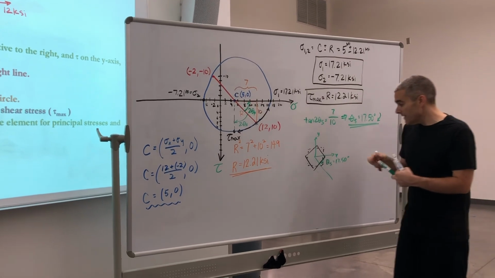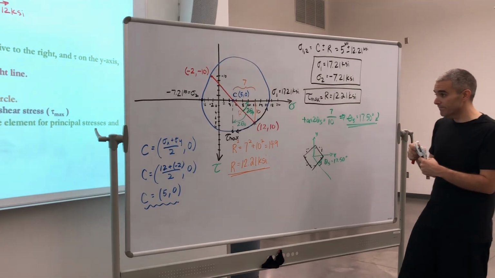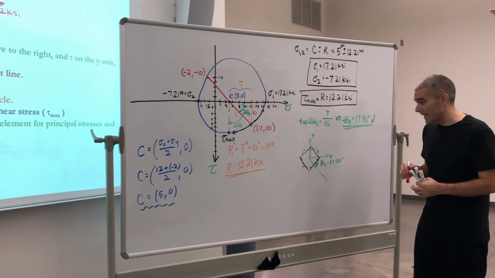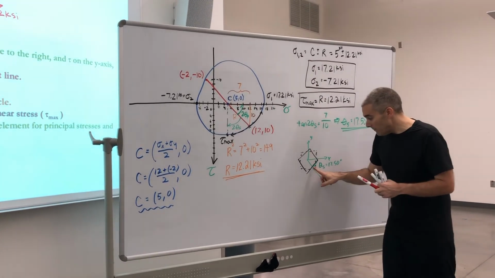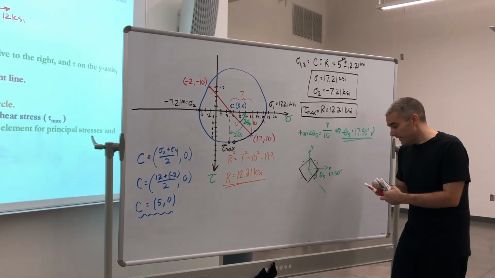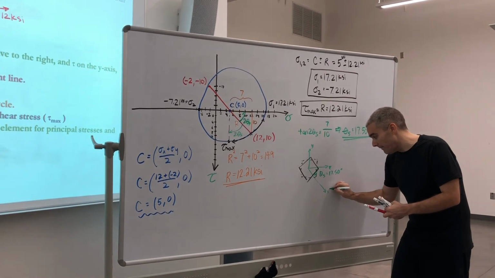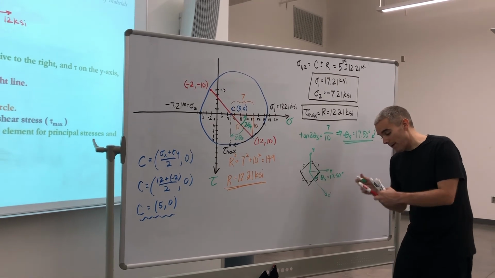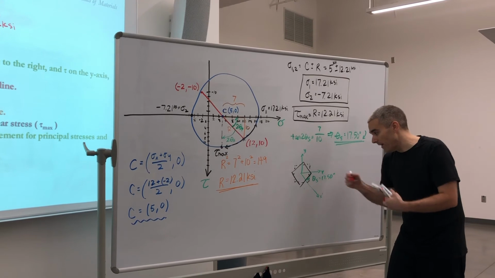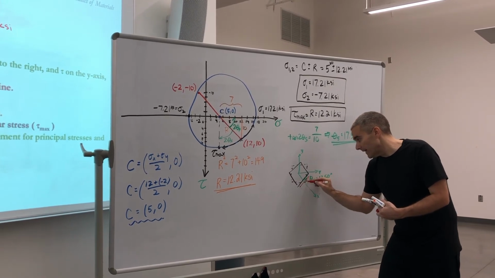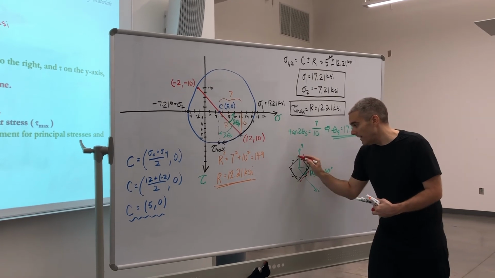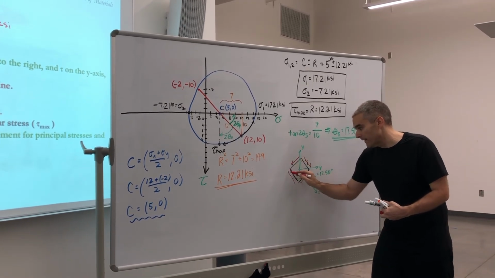And this block has the maximum shear stress on it. Maximum shear stress has a value of 12.21 KSI. And that would be positive on this face, which is going to be positive X. You can almost think of this as X prime, and our Y prime would be that way. So because this is a positive number, positive X prime, Y prime should be oriented like this. And then equal and opposite on the other side.